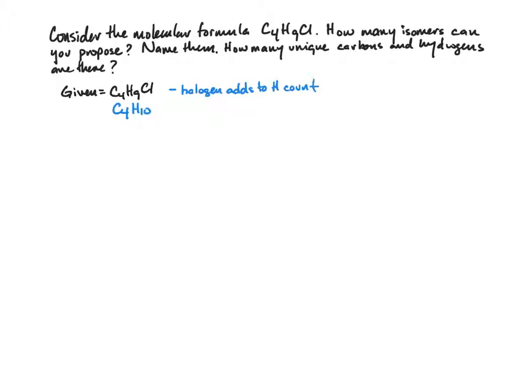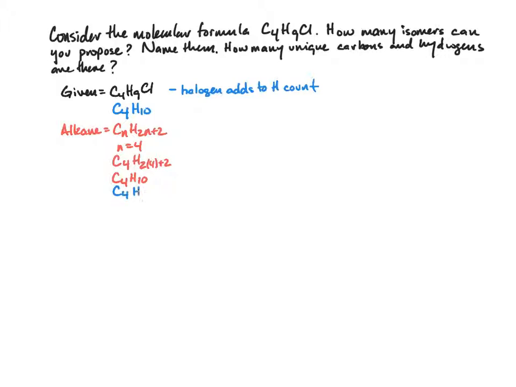Remember that we want to use the alkane formula, CnH2n plus 2. For our compound, n is equal to 4, so we have C4H, 2 times 4 plus 2, which gets us C4H10.